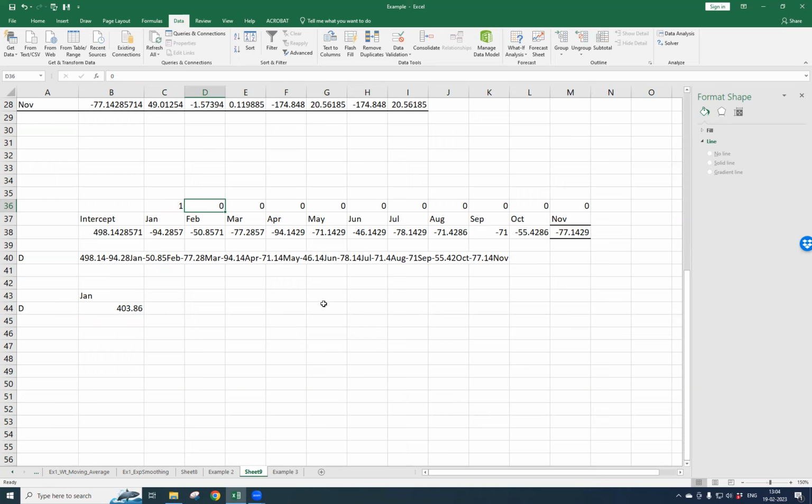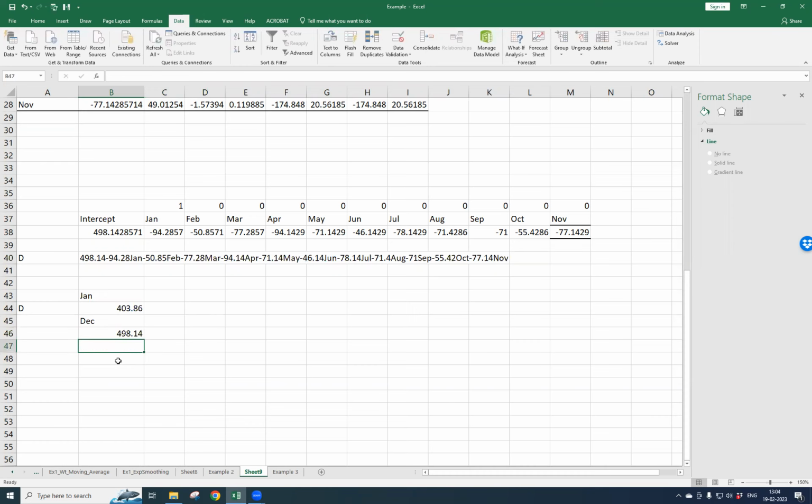Now, if I have to calculate, for example, for December. December is not there in this equation. If the month happens to be December, what will happen to all of these? All Jan to November values will be 0. So what is the only thing that will be left for December? It will be 498.14 minus 0, minus 0, minus 0, and so on, right?